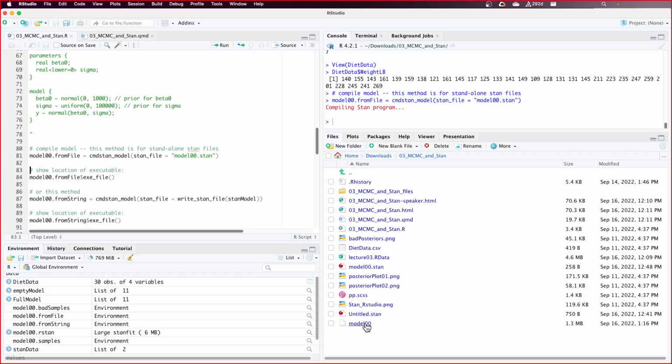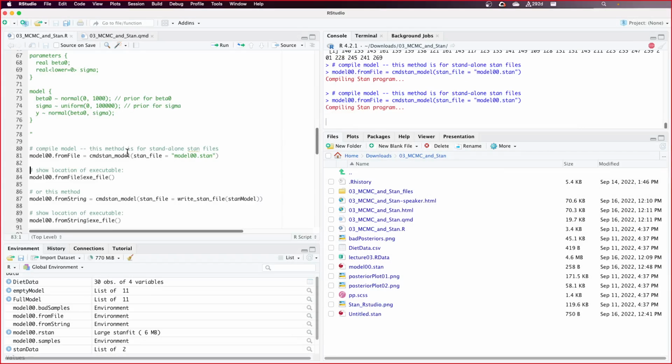That's not entirely true. If your architecture is all the same, it should run. I have an x86 version of a Mac at home, and I have an ARM version of a Mac, and they don't work the same, right? So what does that mean? You may get an error in this line. If you get an error in that line, look to see if you have that executable in your directory, delete it, and recompile.